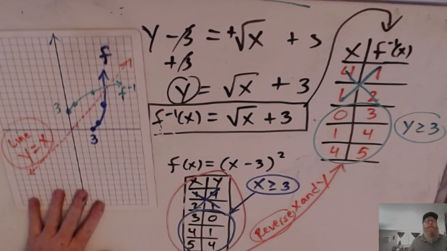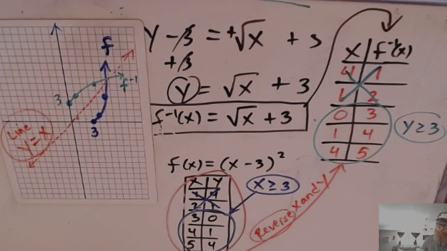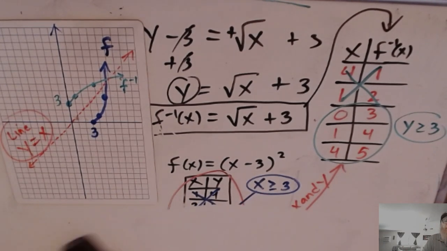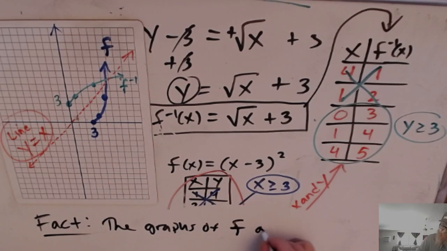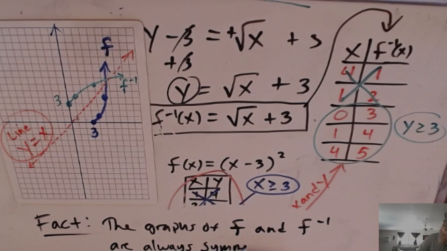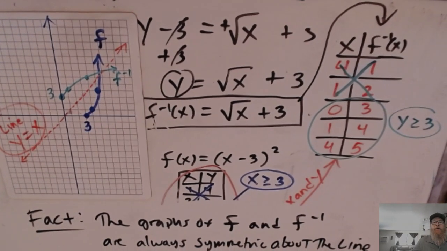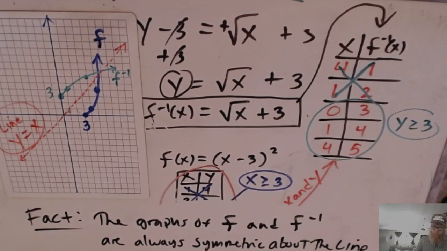So now we have a neat fun fact. The graphs of f and f inverse are always symmetric about the line y equals x.